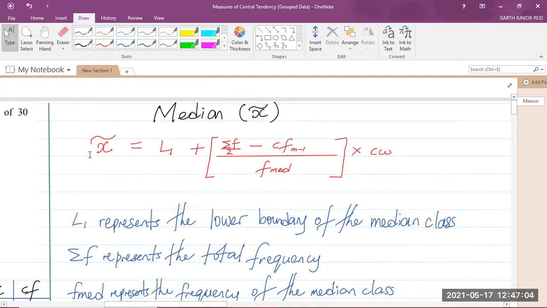We normally use this notation to represent the median, and that is equal to L1 plus the summation of f over 2 minus CF m minus 1 divided by f median.